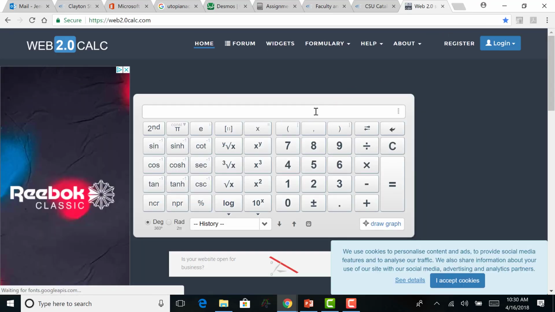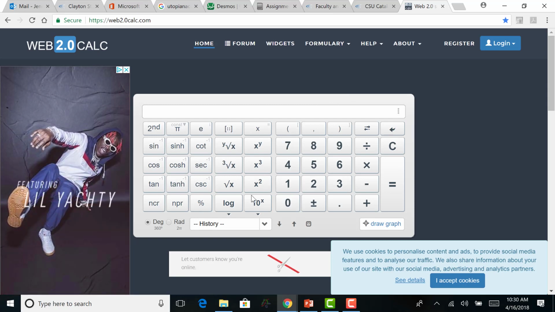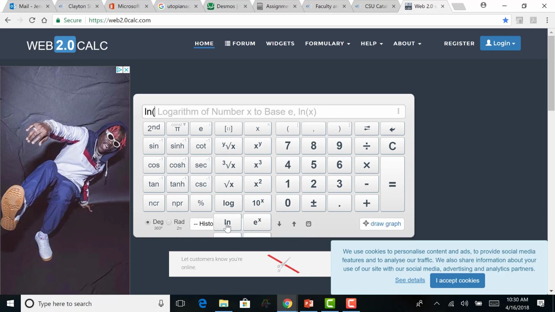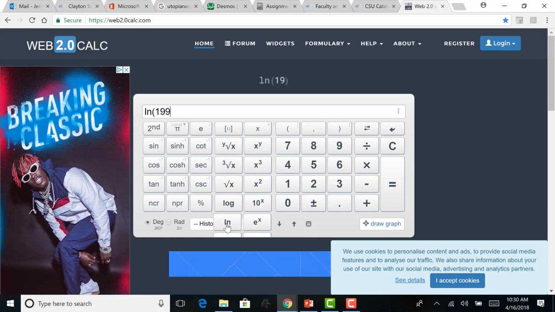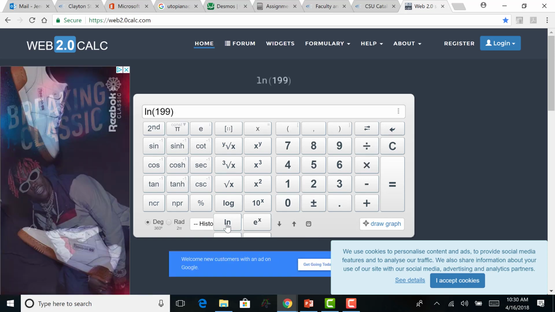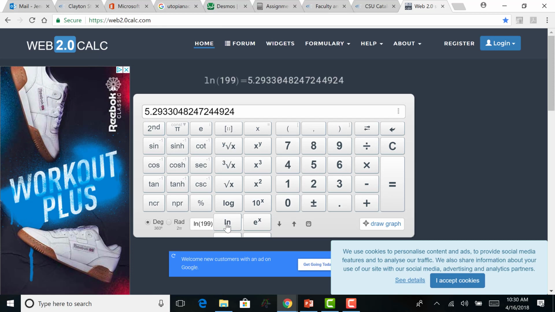Okay, so I'm going to put in natural log, and I want to make sure I find mine. Here is mine on the screen. Natural log of 199 equals, that's what my number equals. It says 5.2933. 5.2933 is what mine says.